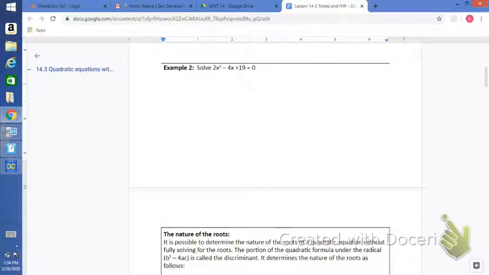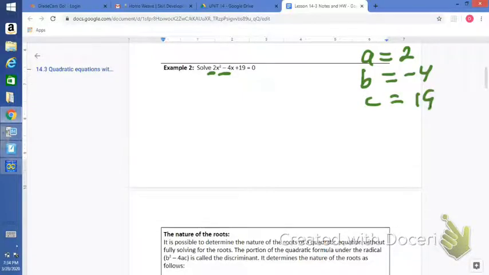Alright, next problem. We want to solve 2x squared minus 4x plus 19. Alright, first thing to do, let's write down our a, which is going to be in this case now 2, our b, which is negative 4, and our c, which is equal to 19.